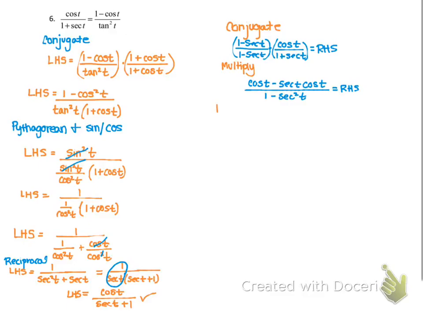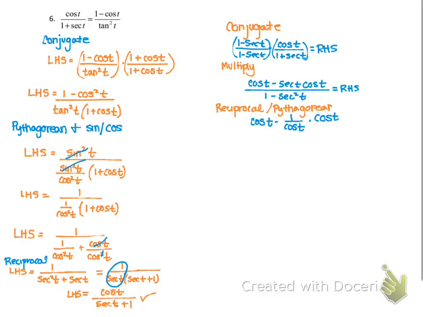So now we're going to do the reciprocal because some things are going to be able to cancel. And I'm going to have cosine minus 1 over cosine times cosine. And then we also have the Pythagorean identity on the denominator. But it's a little different because instead of being a plus, we have a 1 minus secant squared.